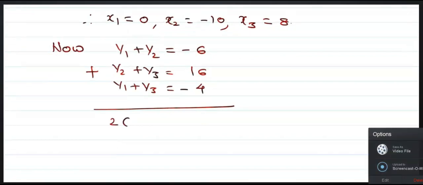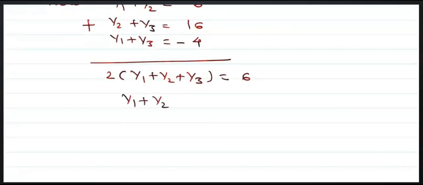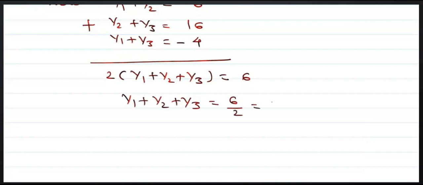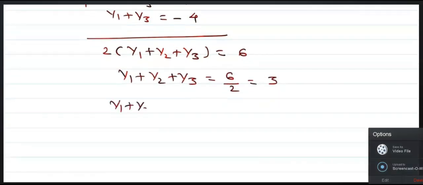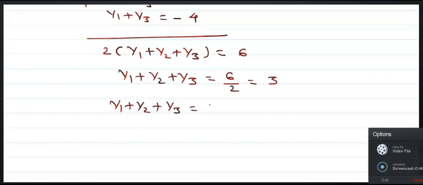If you add these equations, then you will get 2 times y1, 2 times y2, 2 times y3 is equal to 6. Therefore, y1 plus y2 plus y3 is equal to 6 upon 2, that is equal to 3.